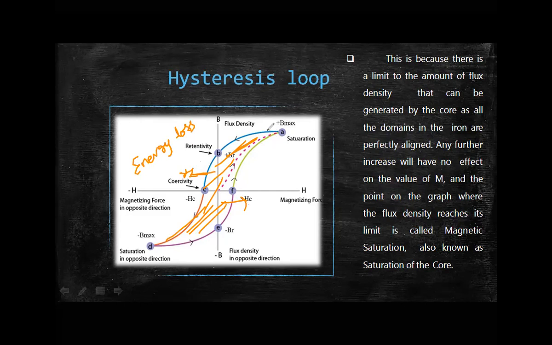If this curve is narrow, meaning small in size, the energy loss is less. If this curve is big, the energy loss is high. If the energy loss is less, we can say it is a good material like iron, which can have many useful applications. We also discussed this last class.